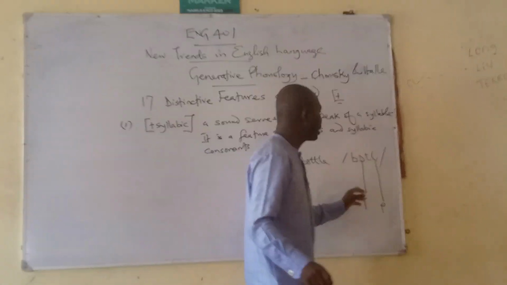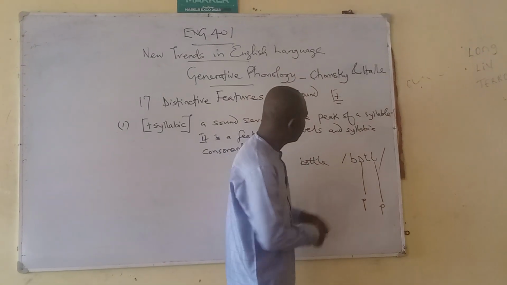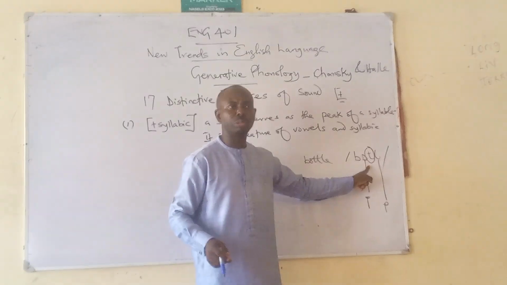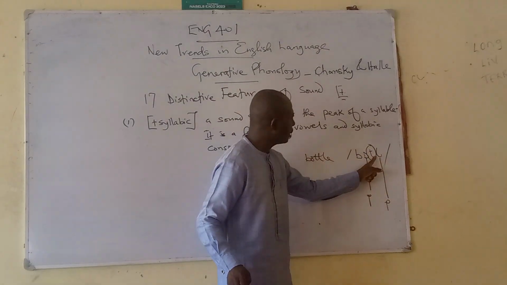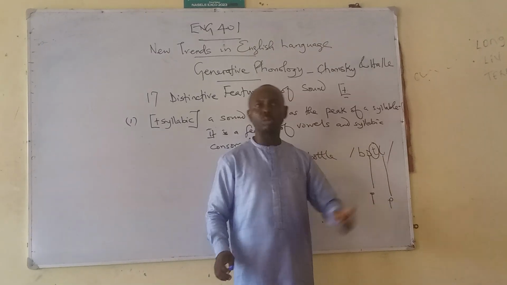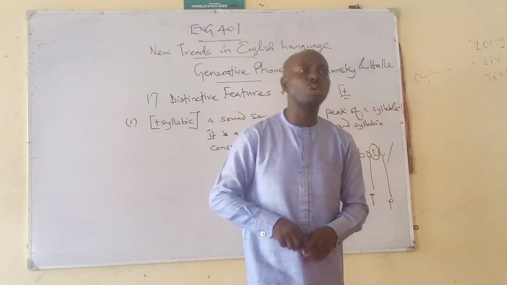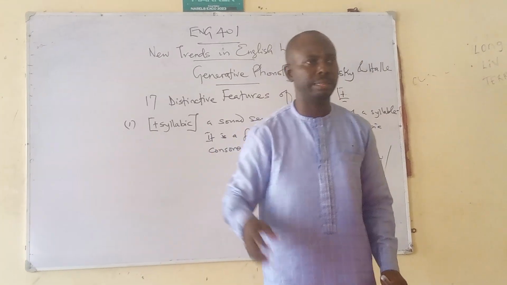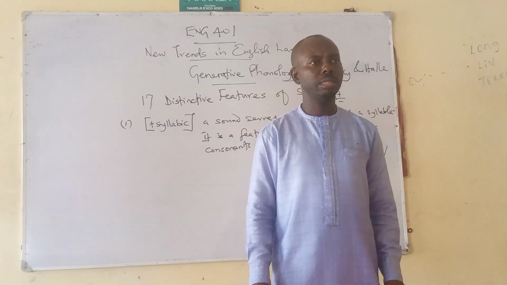Now, these are the examples. And what is causing the issue here is this consonant in the middle. With this consonant here, will it be part of the first syllable or part of the second syllable? And I introduced you to what we call the principle of maximal onset. You have forgotten.